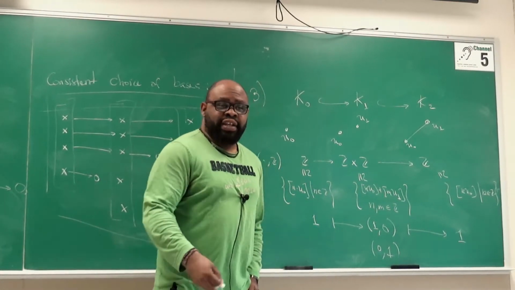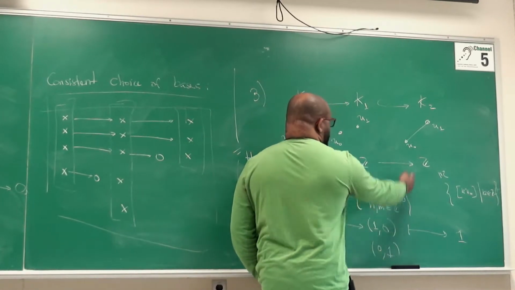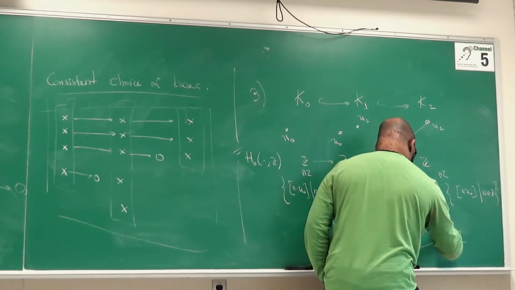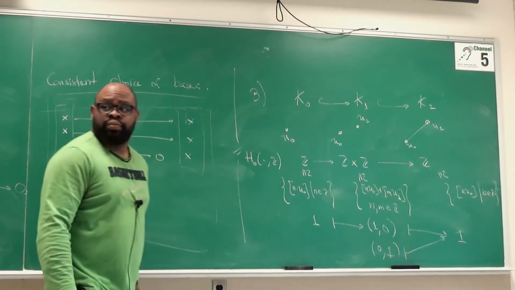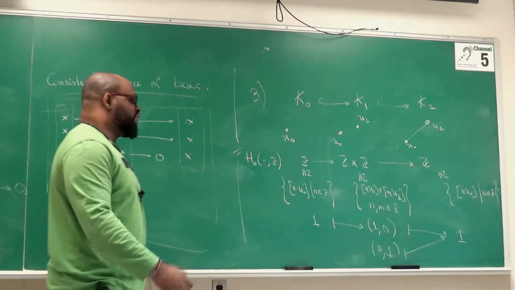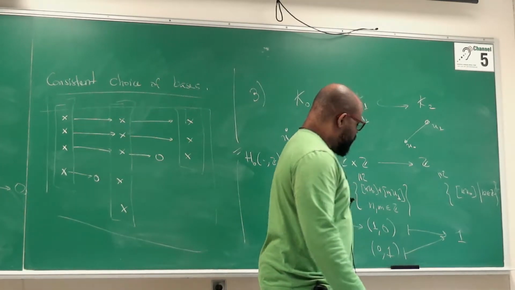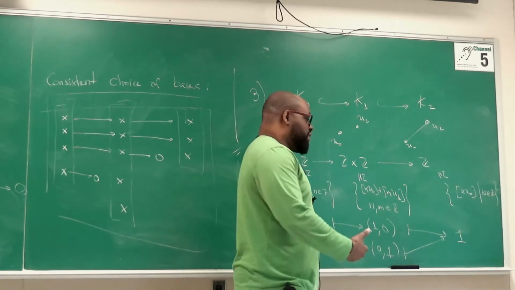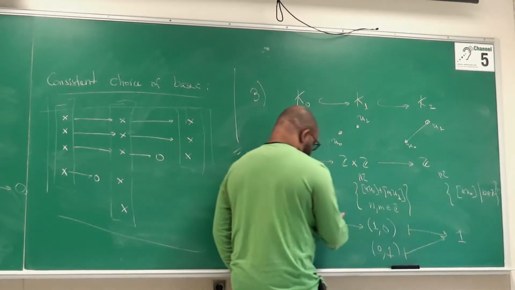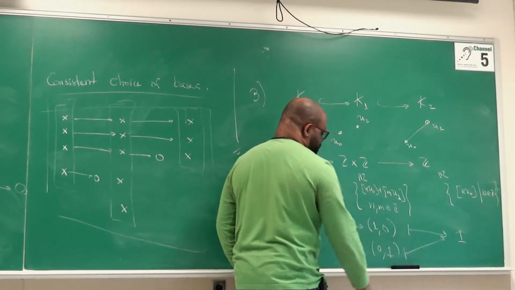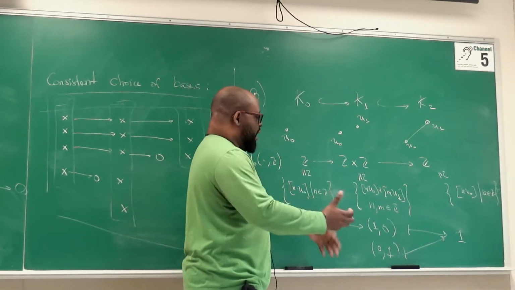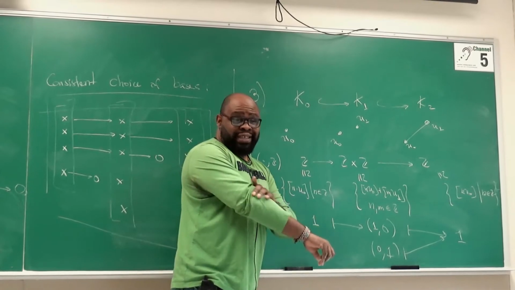And in that case, 0, 1 would also go to 1. So you're back in this elder rule question where you want to pick the class that is older and kill the class that is younger. And again, that refers to a choice of bases.